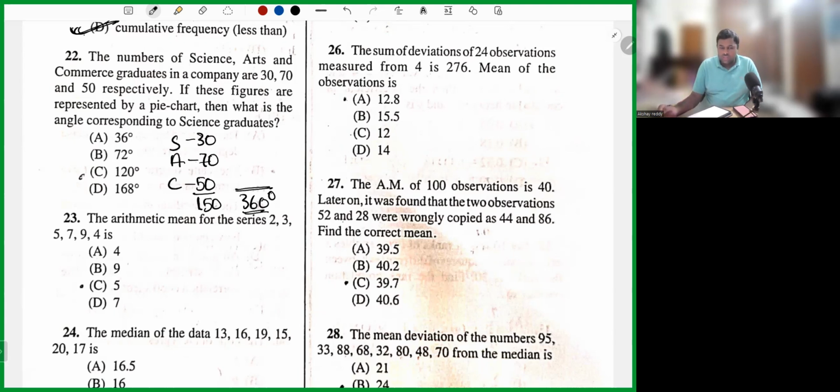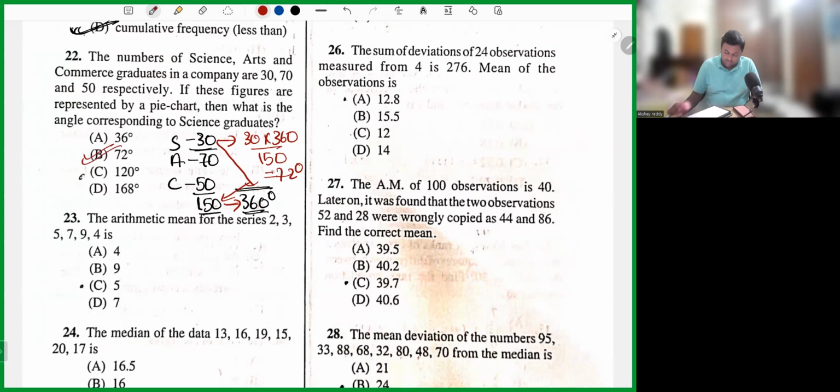Total pie chart circle, the angle will be 360 degrees, right? He's asking only for science. If 150 denotes 360, then how much does 30 denote? Simple cross multiplication, 30 into 360 divided by 150. We are going to get 72 degrees.